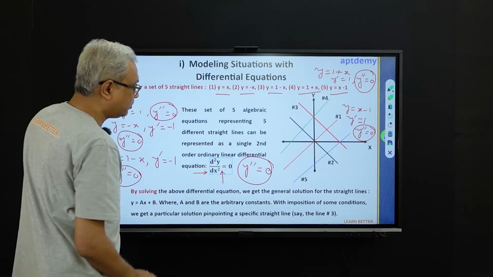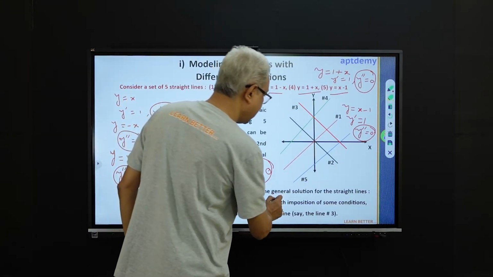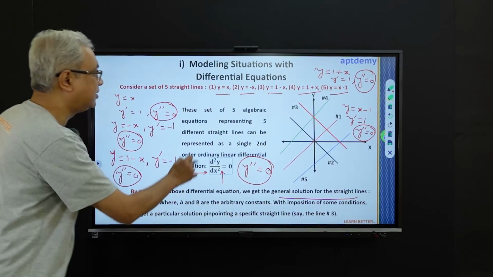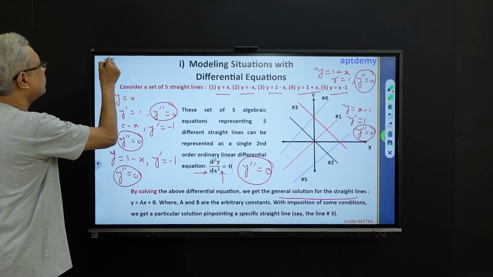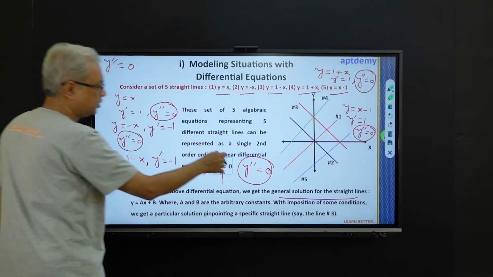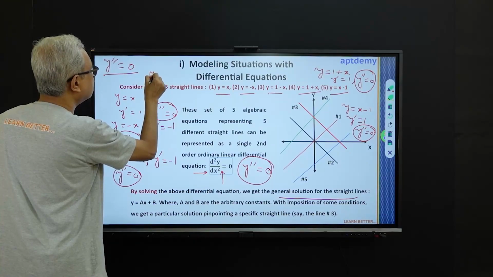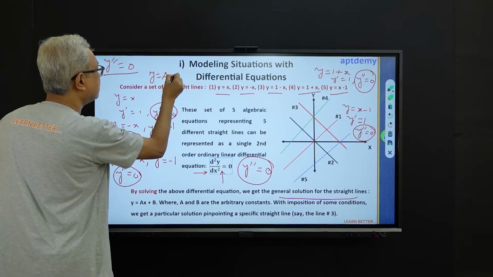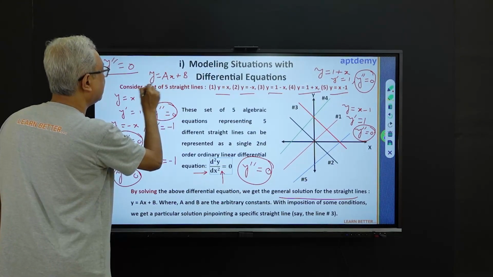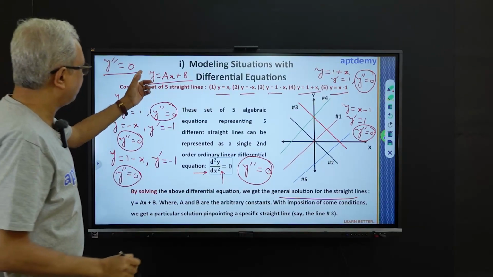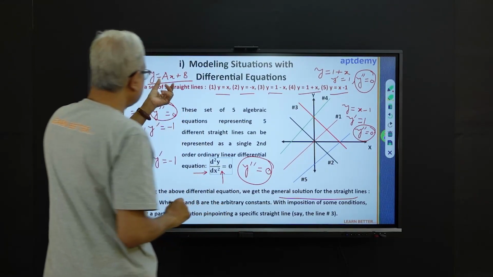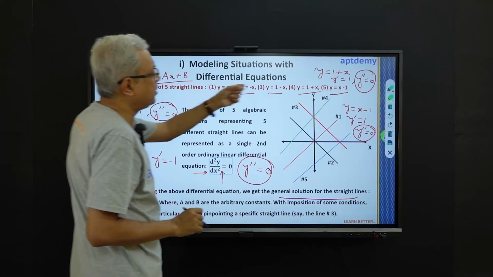By solving the above differential equation, we get the general solution of the straight lines. We do not know how to solve this equation, but take it from me, the general solution will be something like y equal to ax plus b. By suitable combination of a and b, you can get any of these equations.